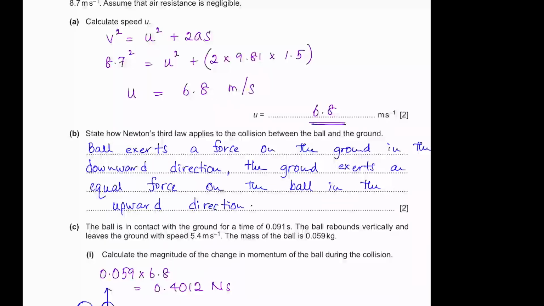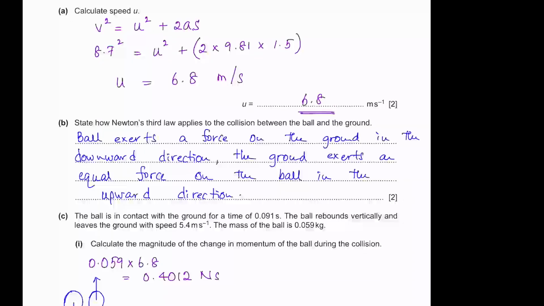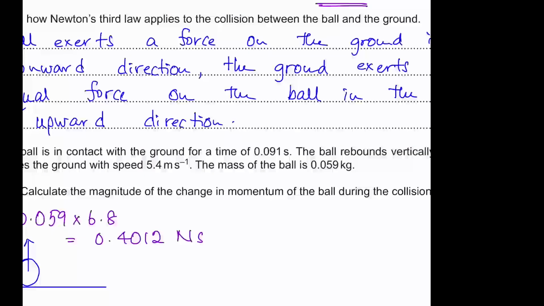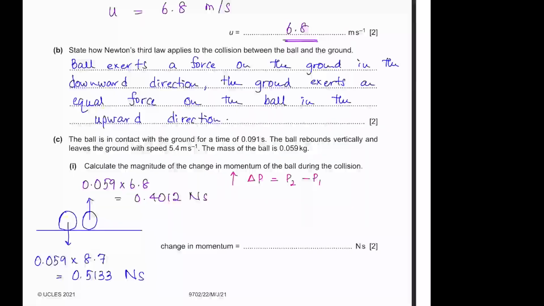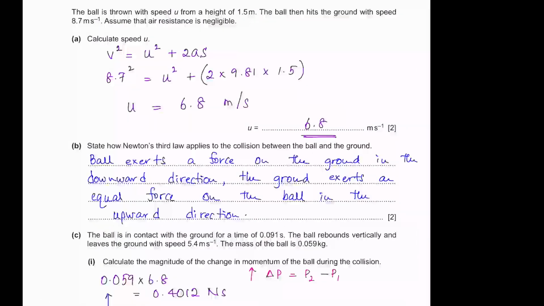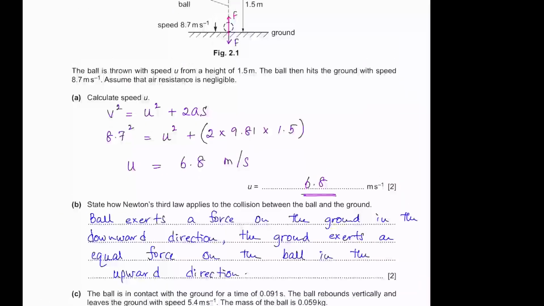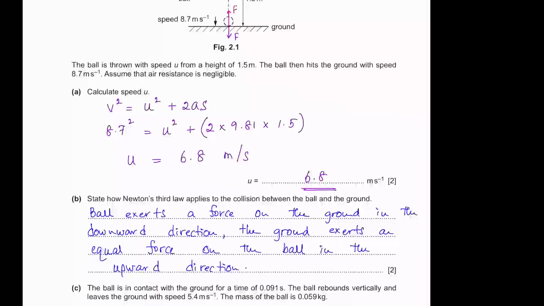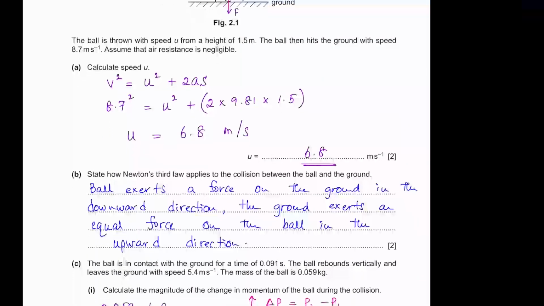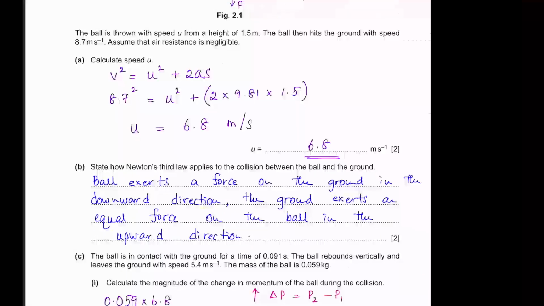I'll tell you the reason why. So guys, if I take the change in momentum in the upward direction, delta P, it has to be the final momentum minus the initial momentum. Sorry? Did I make a mistake? 5.4, sorry, not 6.8, my bad.